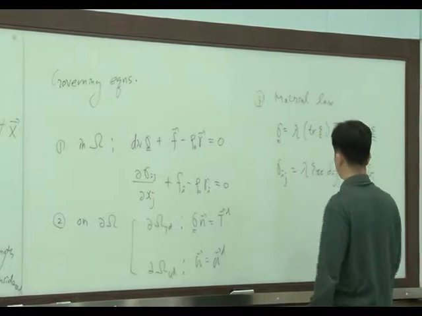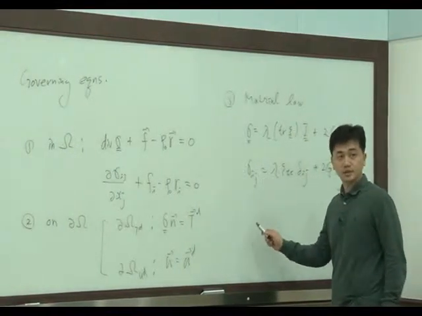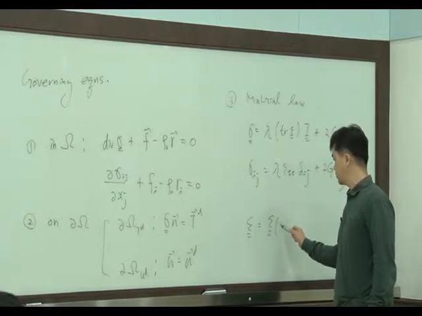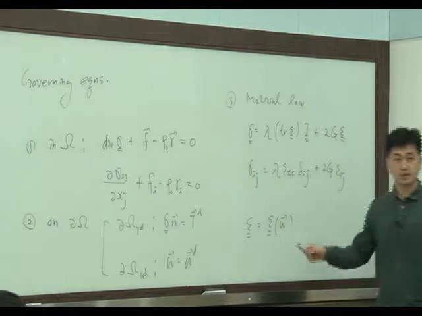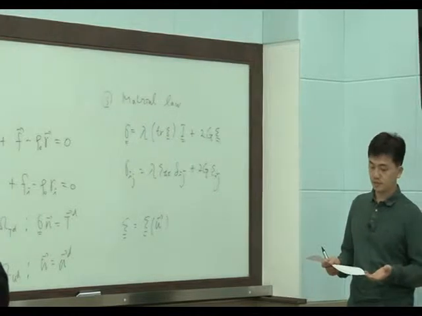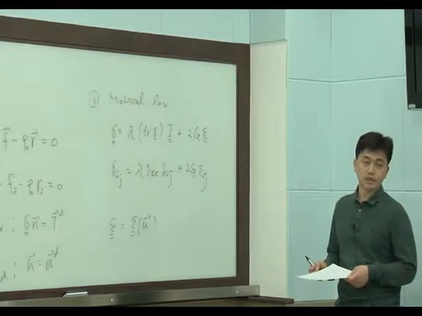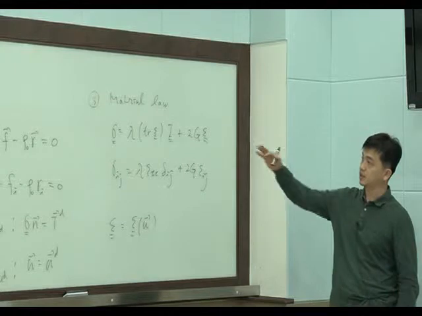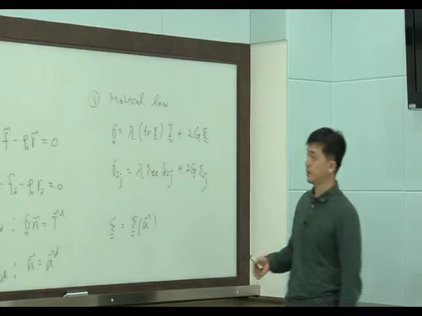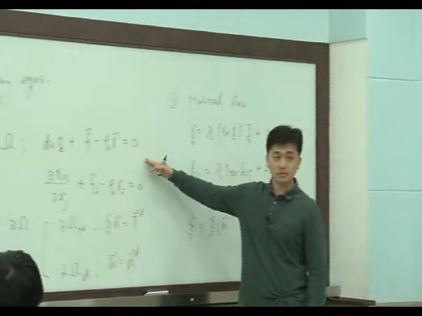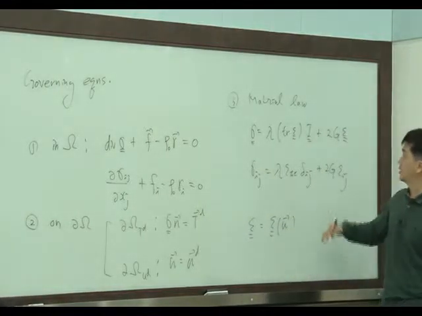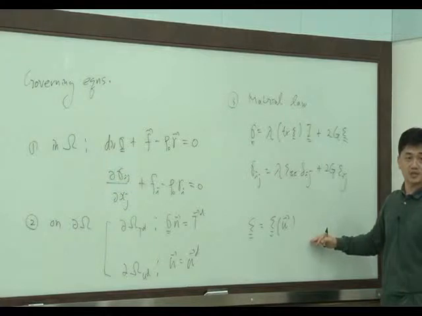Of course, we have a relation between strain and displacement, right? Strain is a function of displacement. We need to consider this equation too. So when we solve the elastic problem, we need to consider all of these. So the solution should satisfy local equilibrium, force boundary, displacement boundary, material law, strain displacement relation, right?